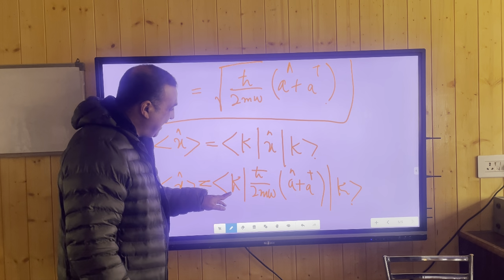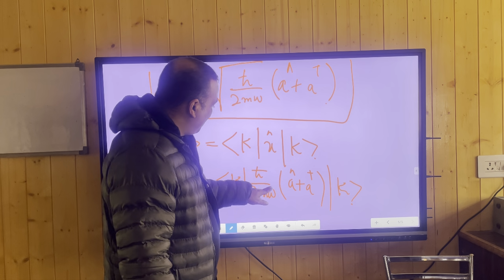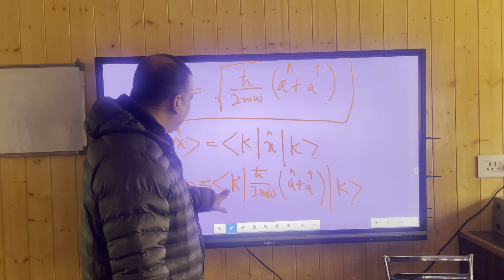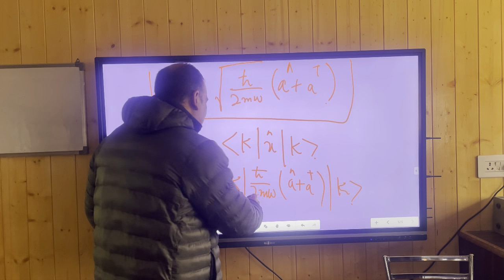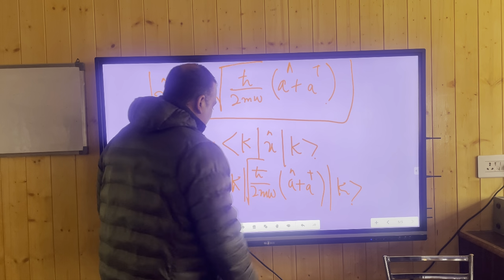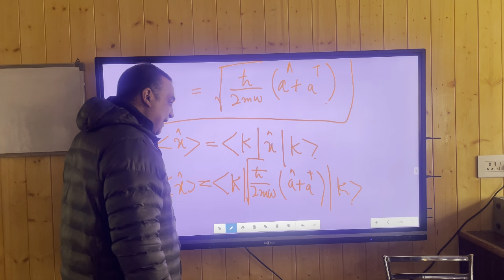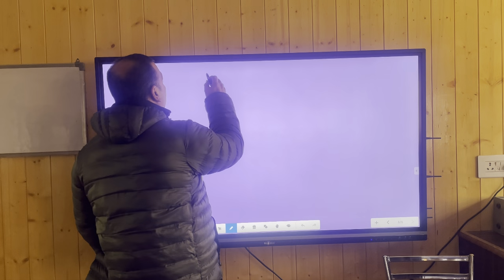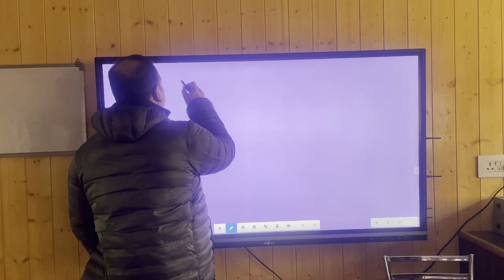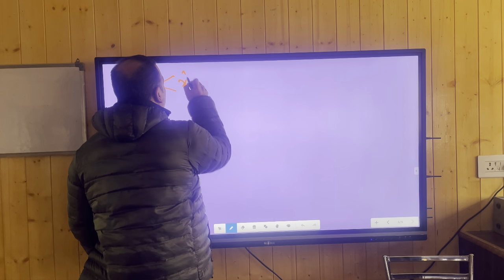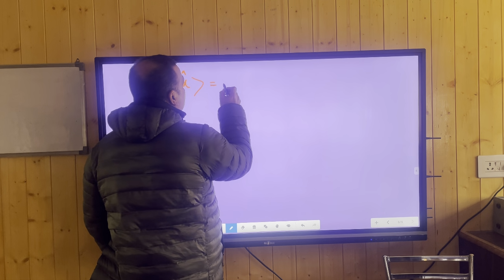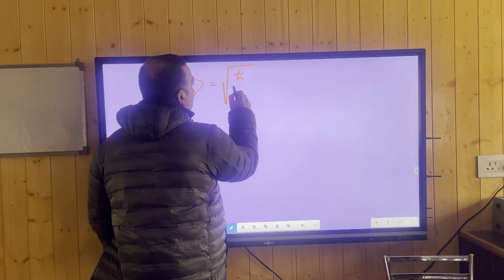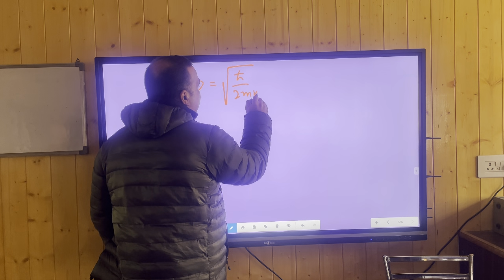So this will lead us to the expectation value of the position operator. And what we see here is that we can use the property of brackets. We have two independent terms here, but this constant term has a root on it, so it will be outside this bracket. So this expectation value for the position will lead us to the square root of h bar by 2m omega.